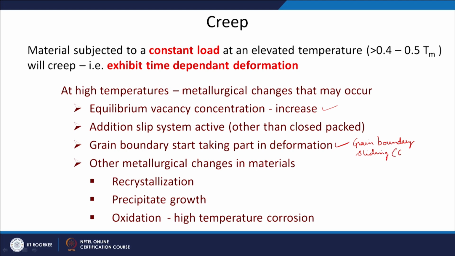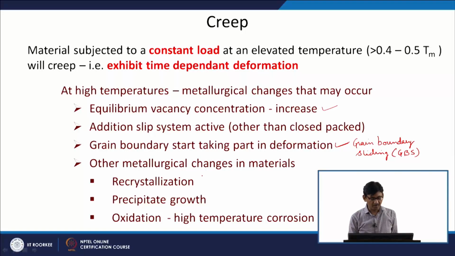In short, we also say GBS. So, instead of deformation through dislocations within the grain, the grain boundary itself starts deforming, and one grain slides with respect to another one.